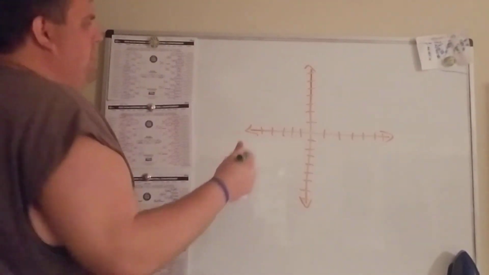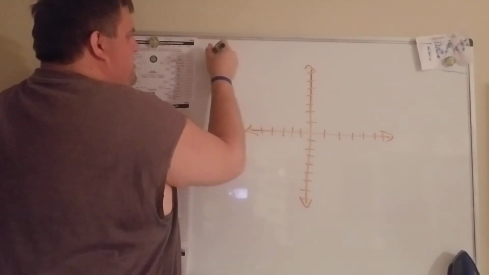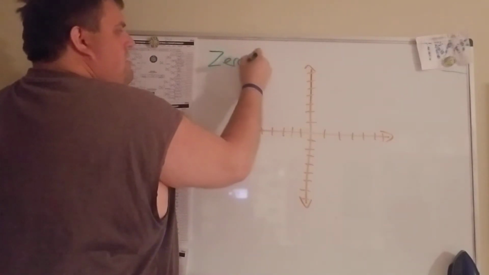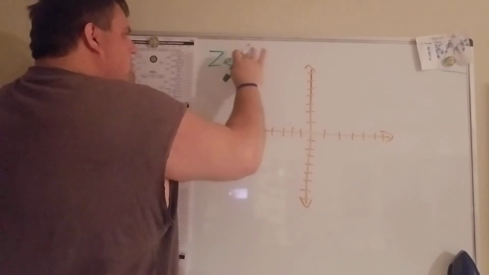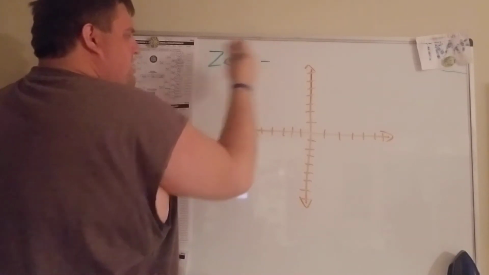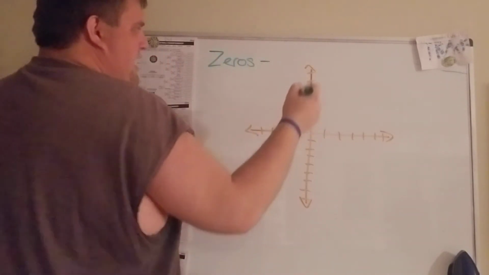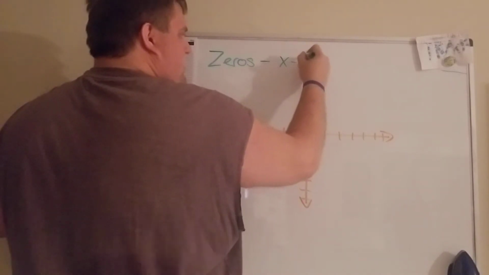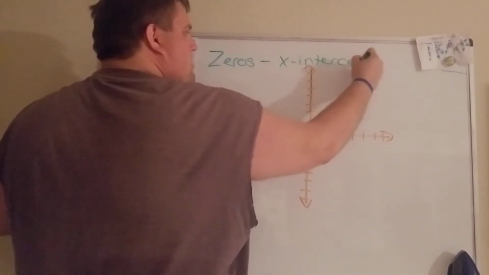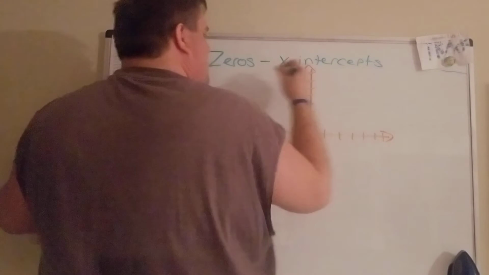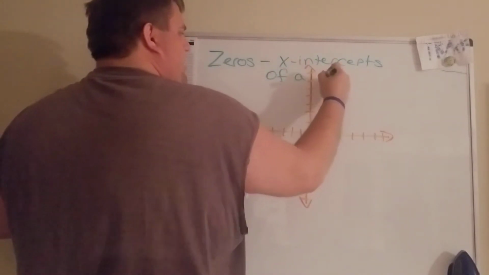And when we solve a quadratic, what we're looking for are called zeros. Zeros are just the x-intercepts of a quadratic equation.